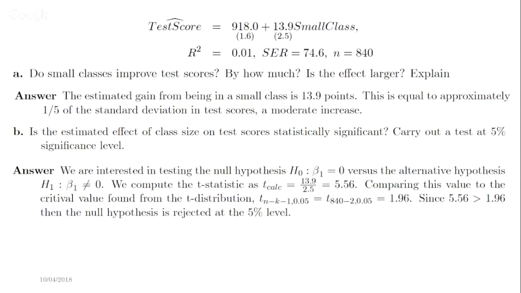Okay. Now, what's the difference between this analysis here, this test, and this analysis here? So we say there is a statistically significant effect, but here we also say that the effect is not very large.